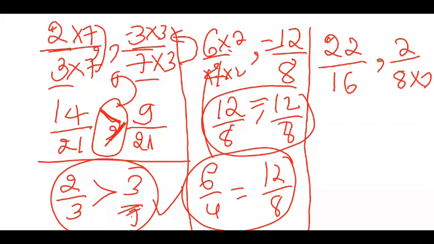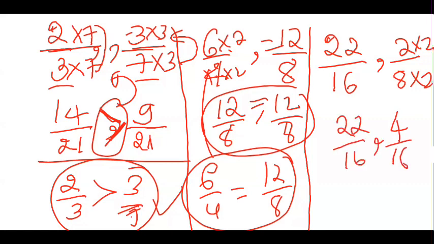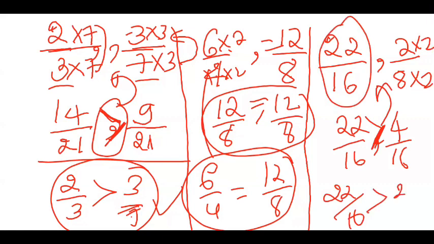So 8 times 2 in the denominator and 2 times 2 in the numerator, so it is 4 over 16. Then 22 over 16 is greater than 4 over 16. Yes, we can write it in the question: 22 over 16 is greater than 2 over 8. So this is your answer.